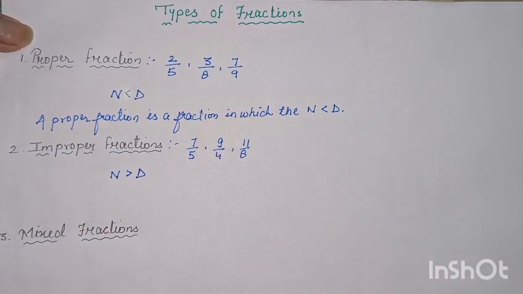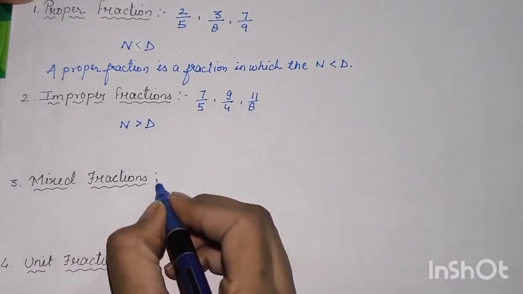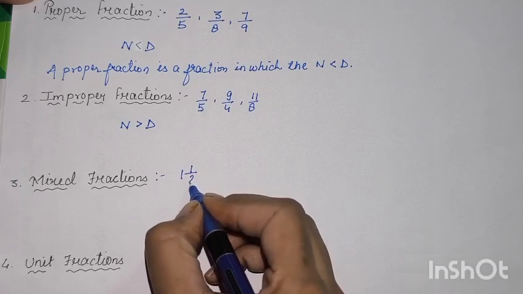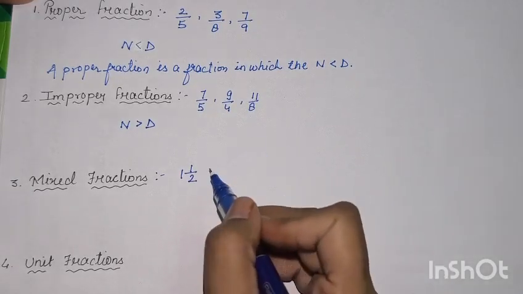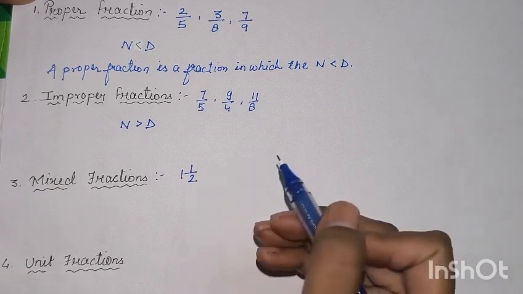Now the next topic is mixed fraction. What is mixed fraction? If we take 1 1 by 2, we don't know how to read this number, so we can read it as 1 and 1 by 2. What does this mean?